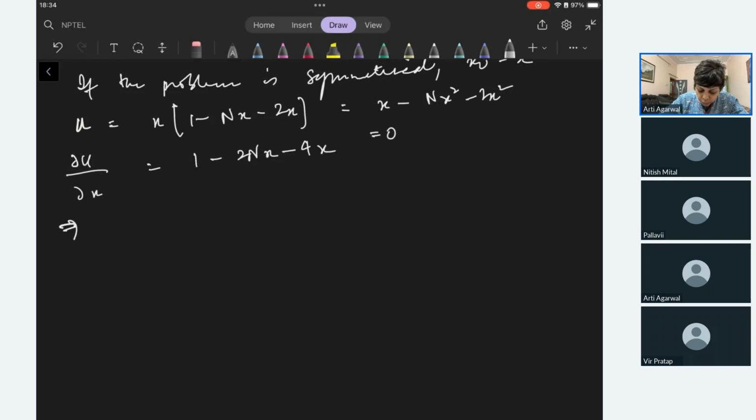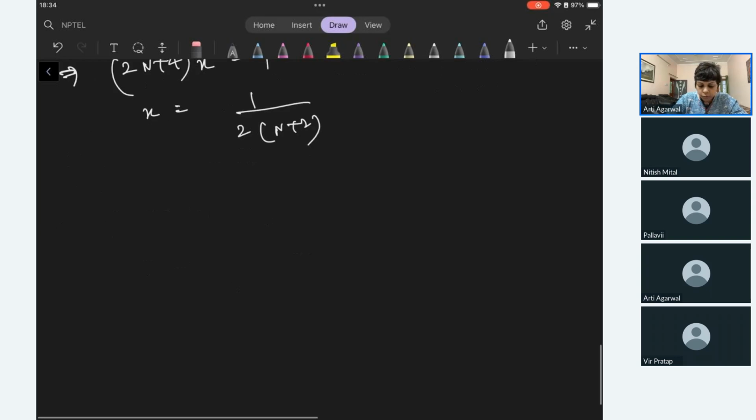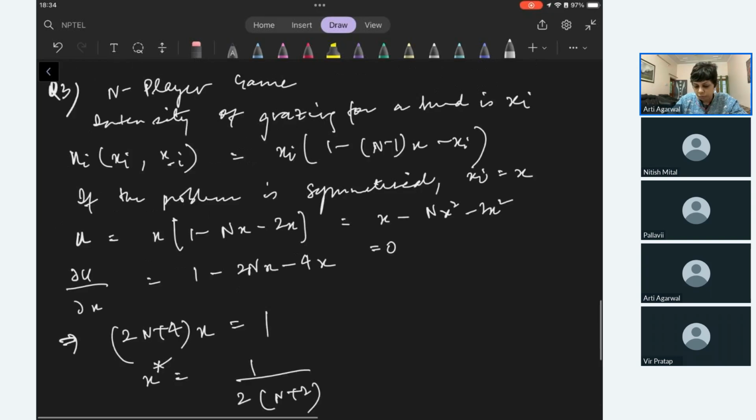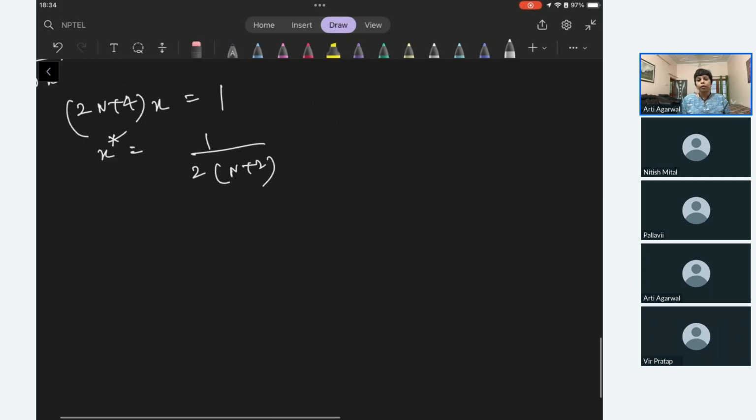So 2n plus 4 equal to 1 by n plus 2. You can simplify it further if you want, but there's not much simplification here; basically you see that x is now coming out to be 1 by 2 n plus 2.